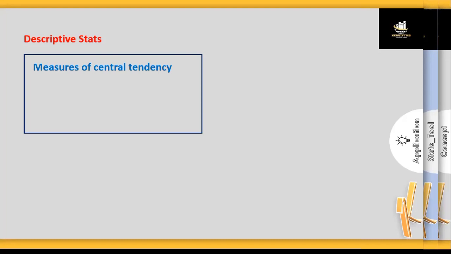Now, the median is simply the middle value of a set of numbers when it is arranged in increasing or decreasing order of magnitude. So when we have a continuous variable or discrete variable and we want to find a median, we simply arrange it from the highest to the lowest or the lowest to the highest, and then we find the middle value.